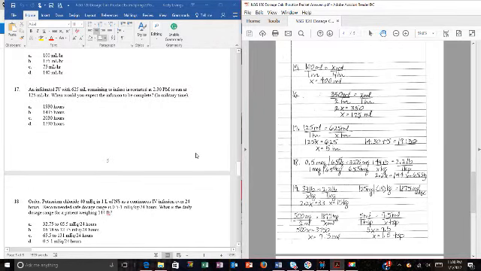17. An infiltrated IV with 625 milliliters remaining to infuse started at 2:30 p.m. to run at 125 milliliters an hour. When would you expect the infusion to be complete?